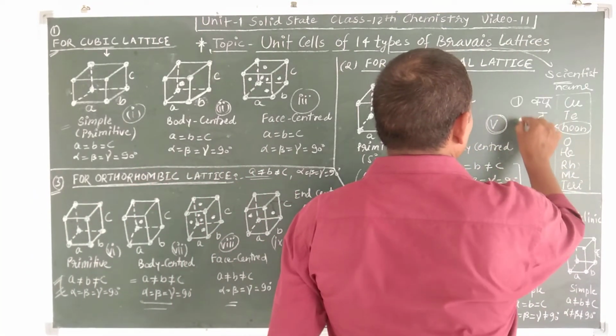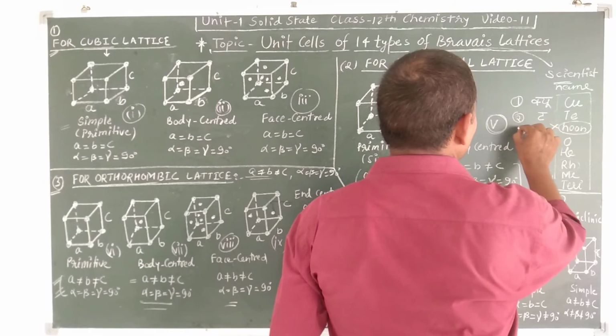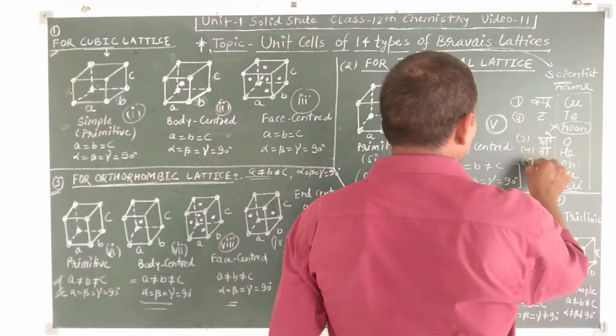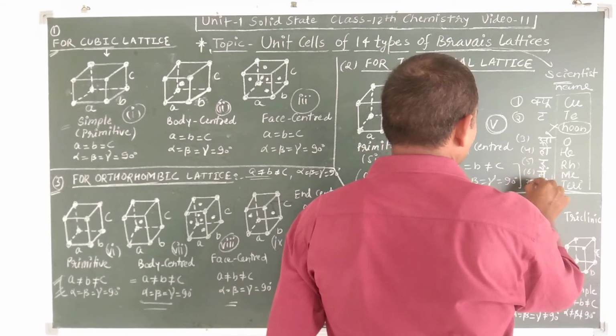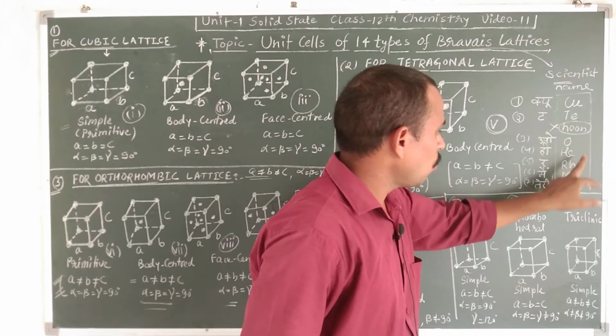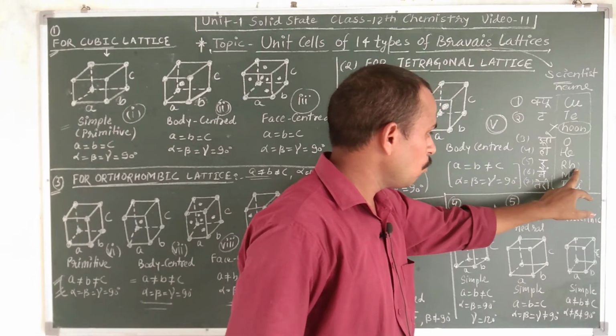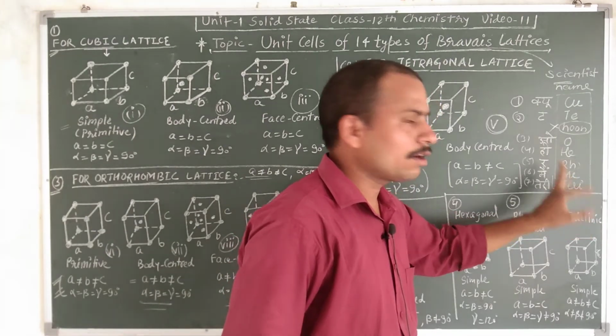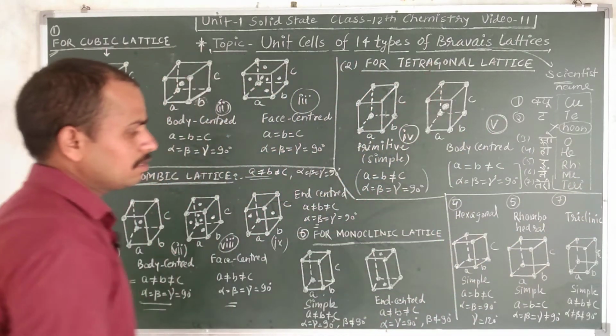So first, second, third, fourth, fifth, sixth and seventh: cubic, tetragonal, orthorhombic, hexagonal, rhombohedral, and monoclinic and triclinic. So there are all 7 crystal systems.